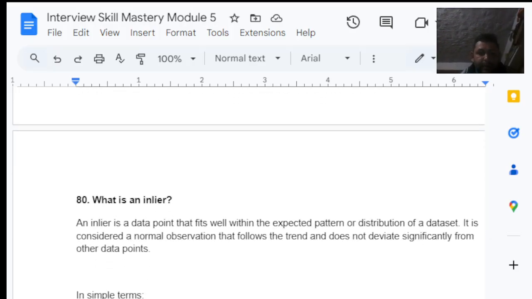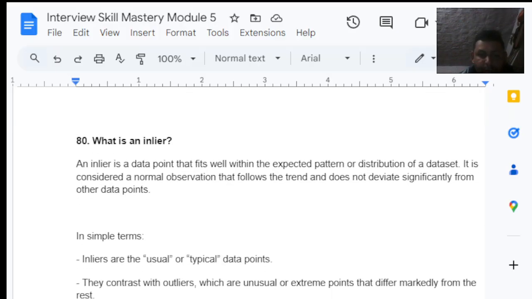In simple terms, inliers are the usual or typical data points. They contrast with outliers, which are unusual or extreme points that differ markedly from the rest.